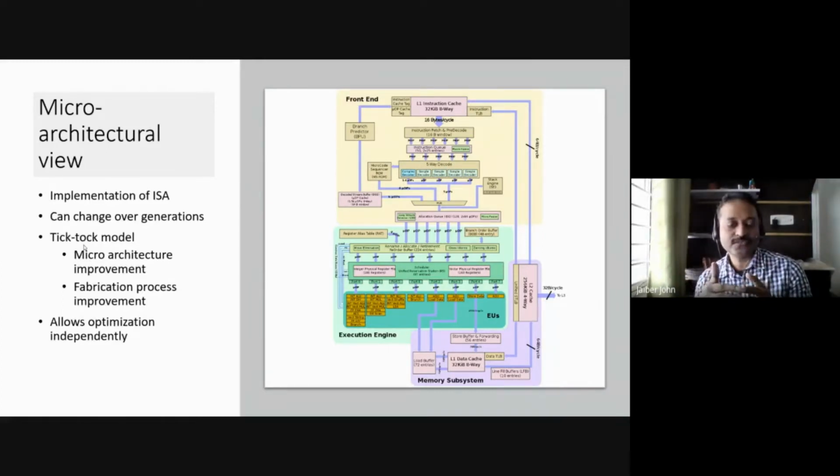If we change both in the same year, it may create defects which will be difficult to trace. So we go in steps, and there are huge teams who improve the microarchitecture independently, and there are material science, chemical, and physics engineers who look at new silicon or germanium or other new materials for the microprocessor, and also the new MOSFETs or FinFETs, or what's the next innovation, right? So these two teams work independently.